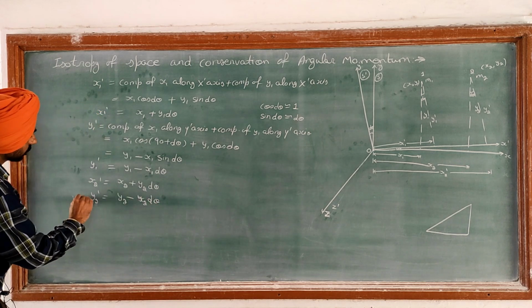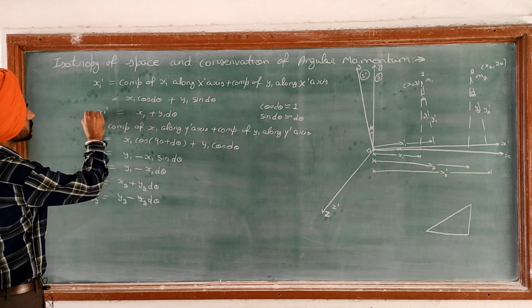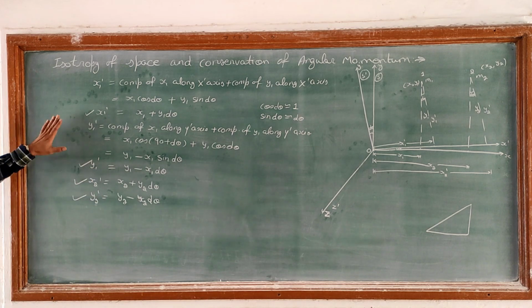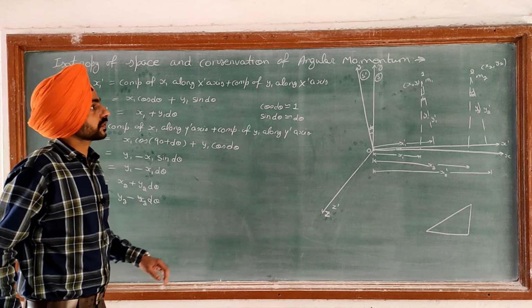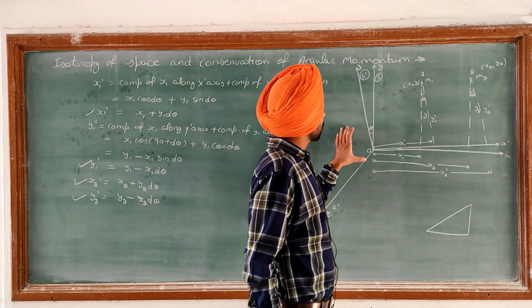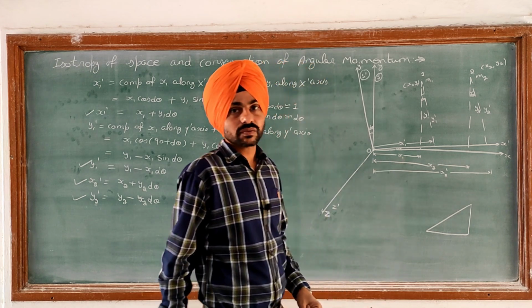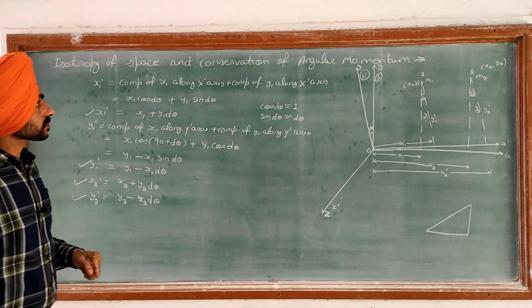So finally we have four equations which give the relation between primed quantities and unprimed quantities, which are the components of the particle along the x-axis and y-axis in two different frames of reference which are rotating with respect to each other by an infinitely small angle d theta.